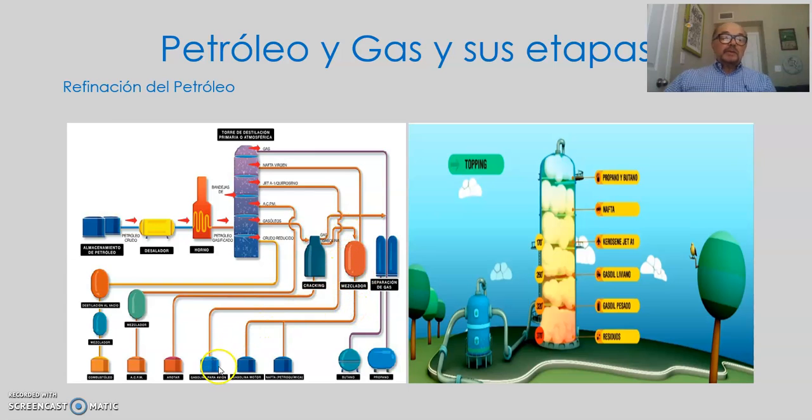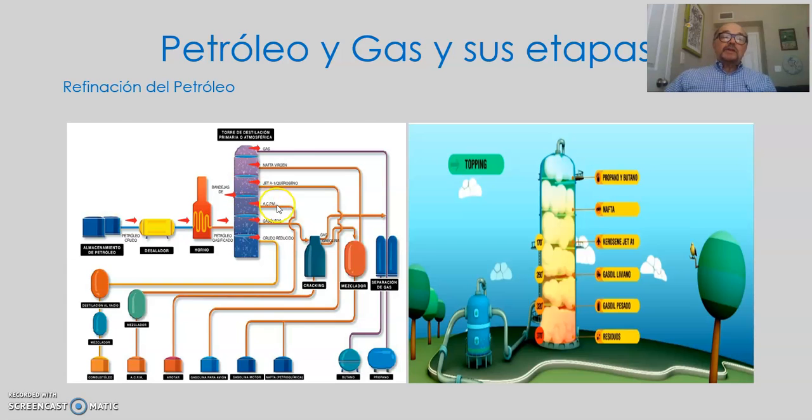So the third product we're getting is the jet fuel or kerosene. So that's the fuel for the airplanes. We just stock it for the airplanes.